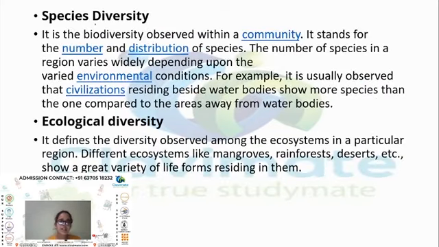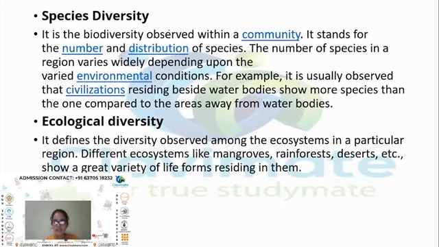And coming to species diversity, in a community, if you observe, there are different species. For example, if there is a water body available, like a lake nearby your place, you'll have a very huge number of species distributed in your area.